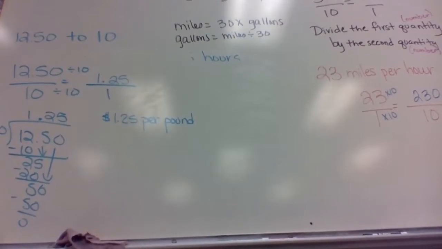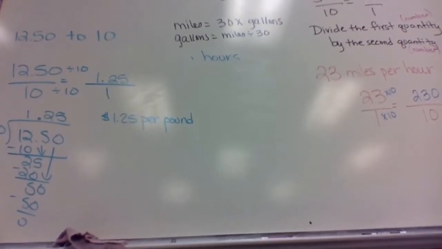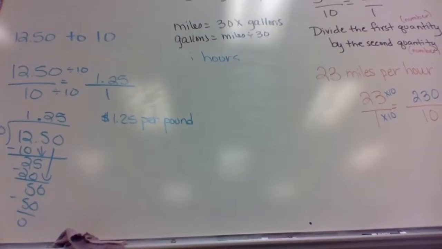That's the answer to number 12. $1.25 per pound. Okay, so this is our ratio. This is our rate. And this is our unit rate, $1.25.